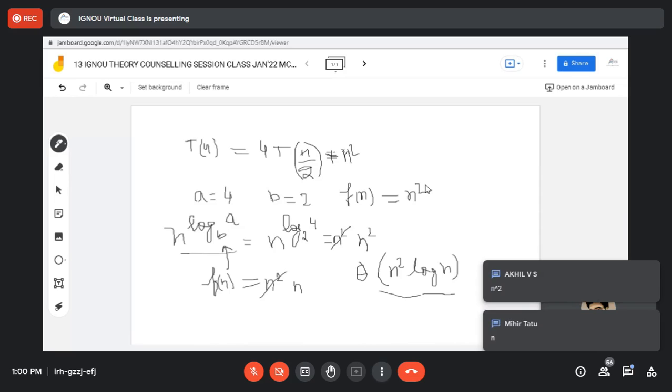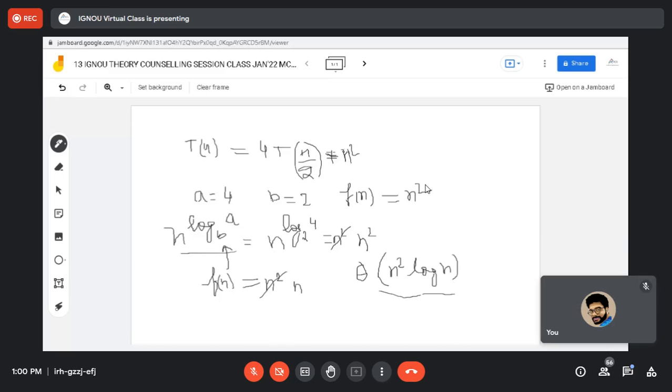Then also theta n square. Absolutely right. We always take the greatest value. So this is case number 3. Before that, case number 1, and in between, n square log n when both values are equal, that is case number 2. So I gave an example from case number 1, case number 2, and case number 3. Any doubt till now, you can ask.